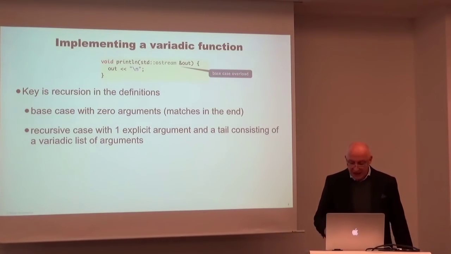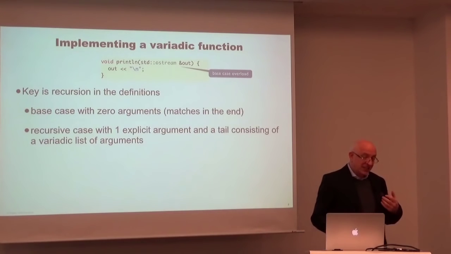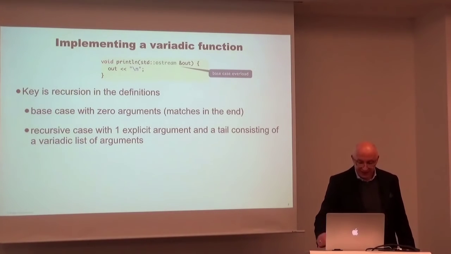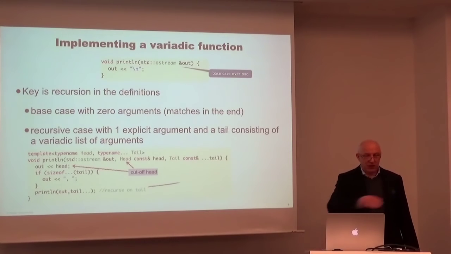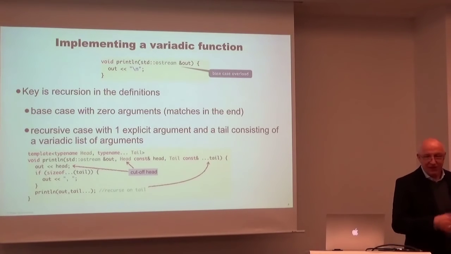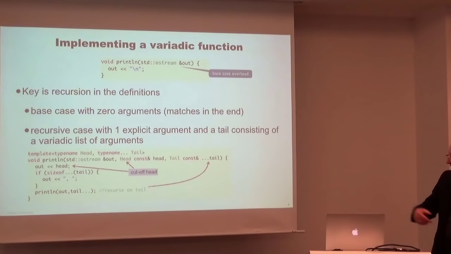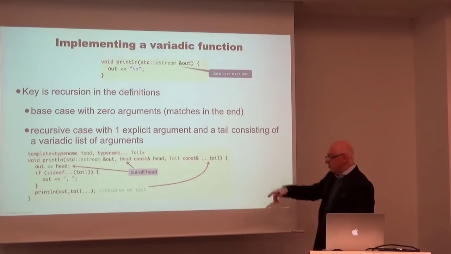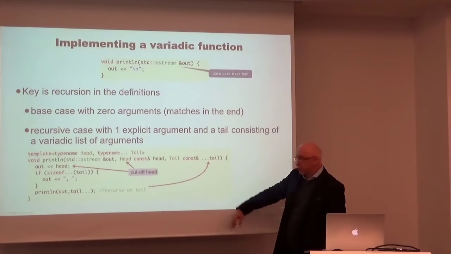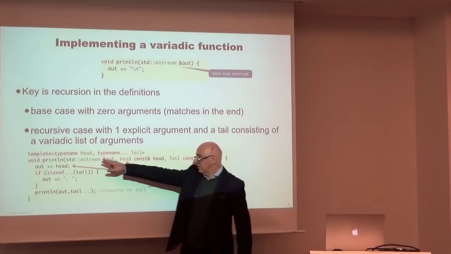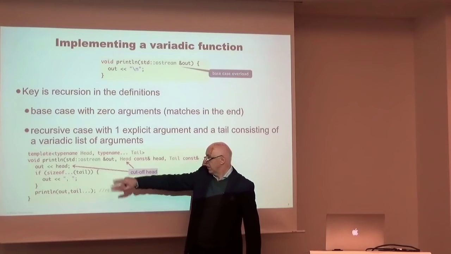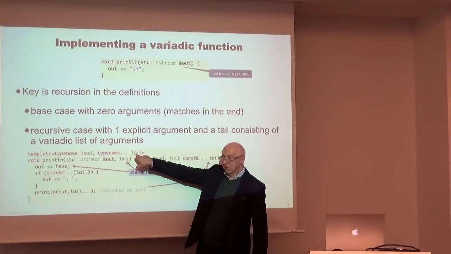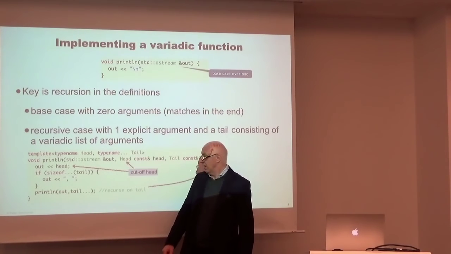and that does just printing a new line, which is OK. Now, to actually implement the rest, well, it's a typical thing. We chop off the head and take the rest of the snake, or whatever, the remaining arguments, to implement that. So this print line actually takes a regular template parameter and then a list of things that I call tail here.